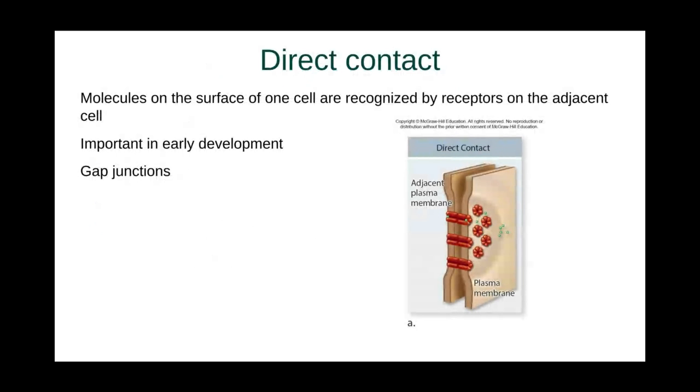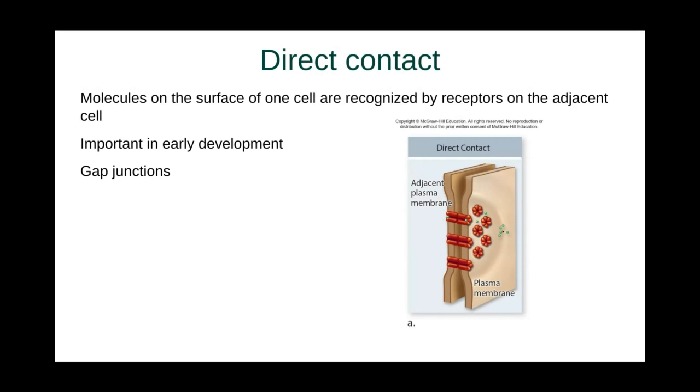So let's talk direct contact. How do cells contact one another? There are a couple different ways by which cells can contact or be connected to one another. First is what we call direct contact, by what we call gap junctions. These rely on direct surface to surface contact, and we have a receptor on one cell that's basically connected to a receptor on the other cell.